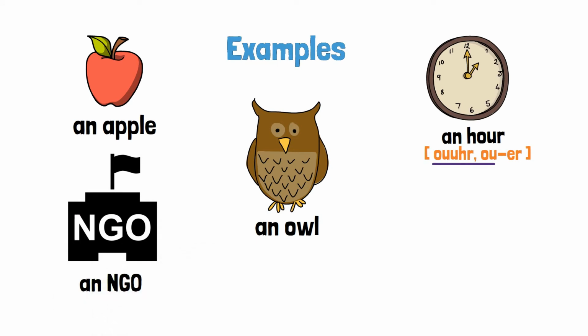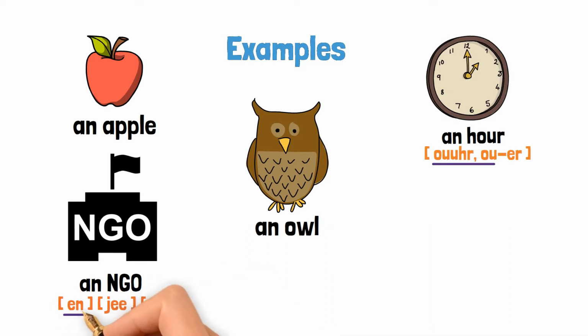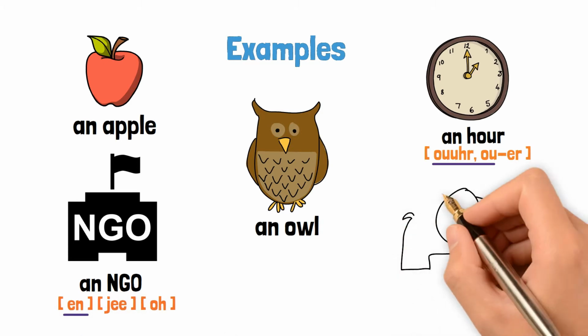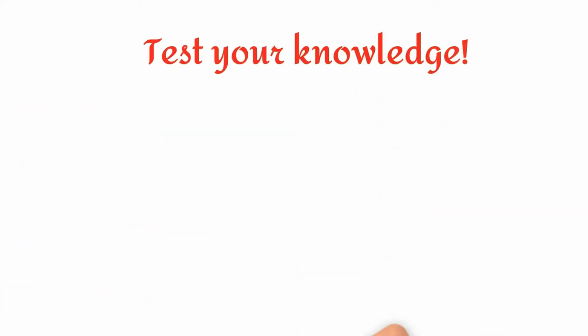Although N is a consonant, it starts with a vowel sound. An elephant. Now let's test your knowledge.